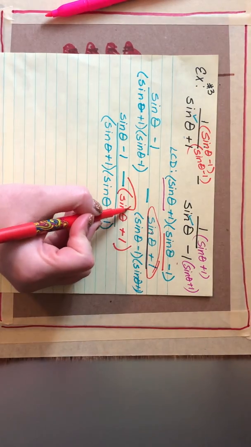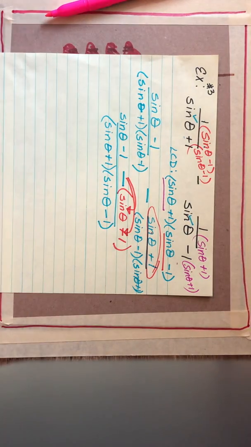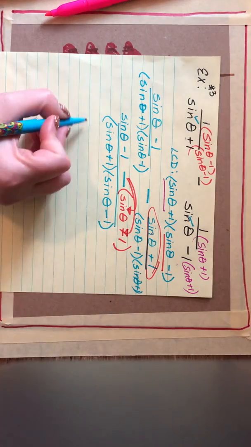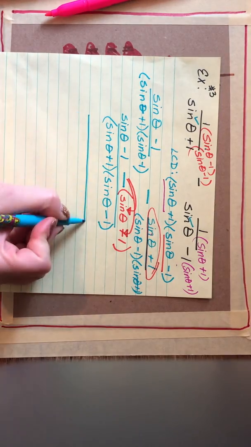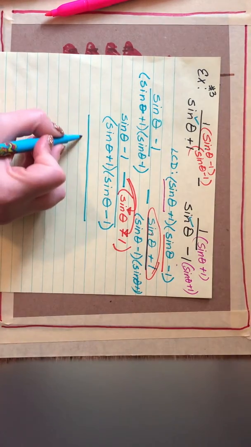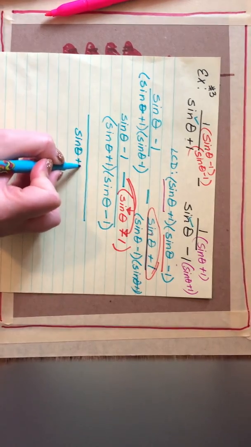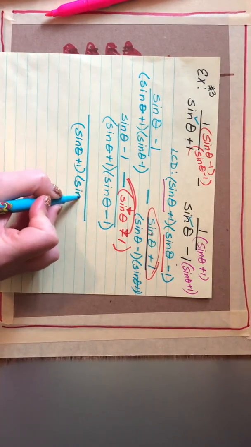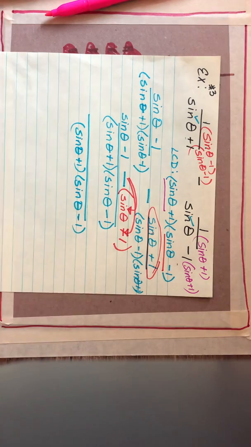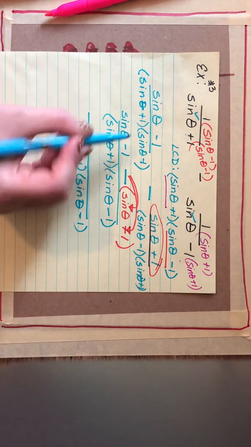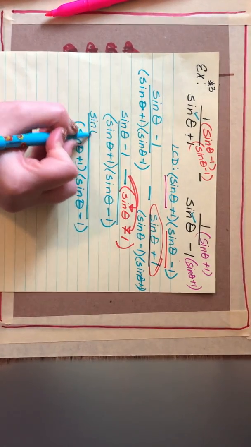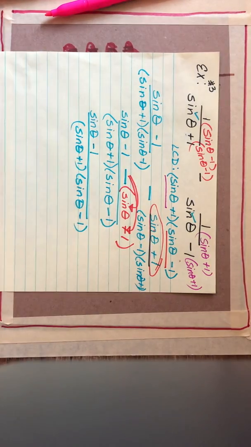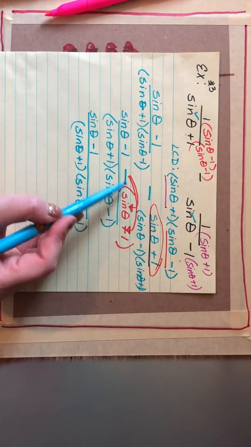Okay, let's distribute, and things are going to start canceling. Quit panicking. Okay, so on my fraction, the denominator stays the same because I'm not going to do anything. I'm just working on the top. The top left stays the same. I'm not doing anything. Over here on this top right, it distributes.